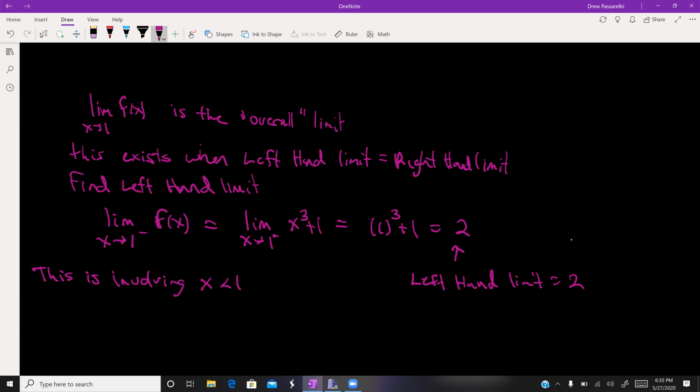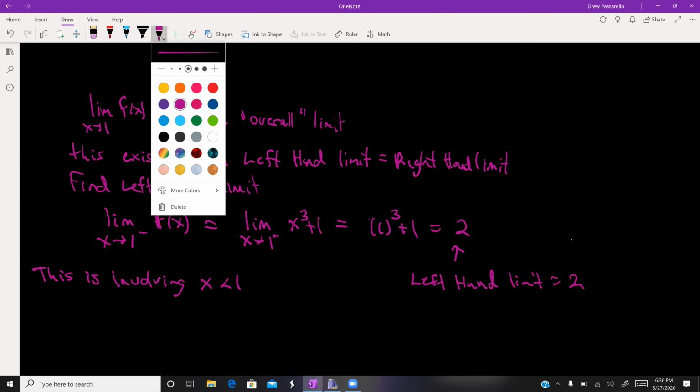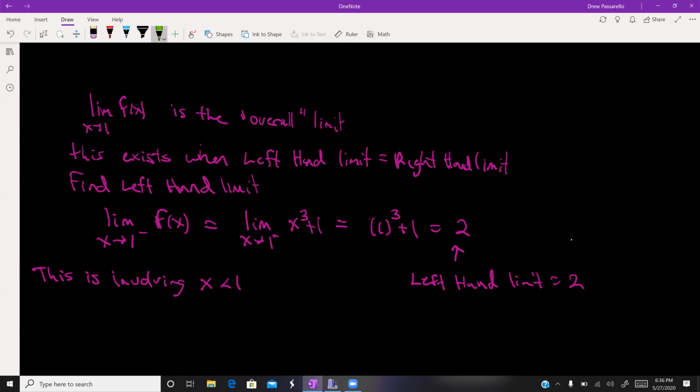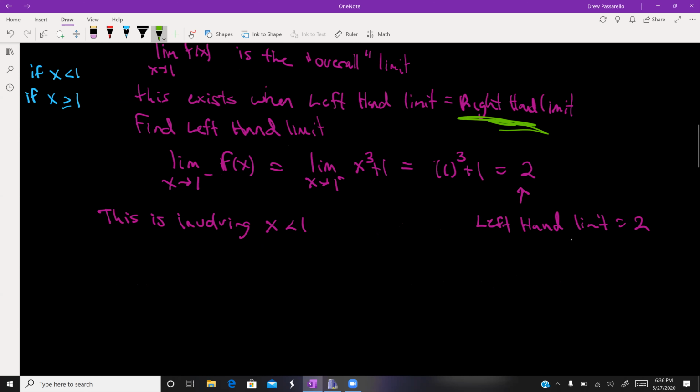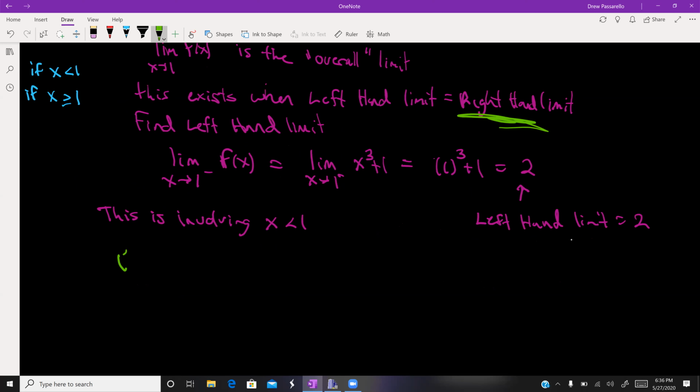All right, now I'll try to find the right-hand limit, and I'll use a different color. So I'll use green. So find the right-hand limit. If I'm approaching 1 from the right side, that means I'm dealing with values of x that are greater than 1.